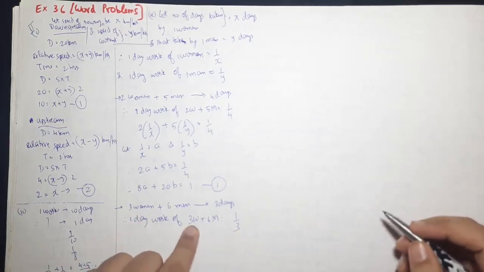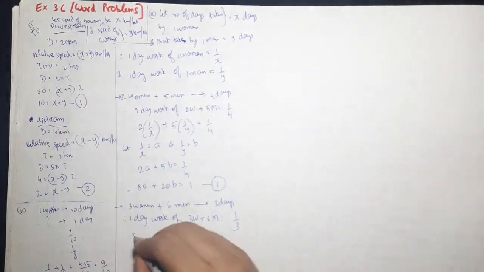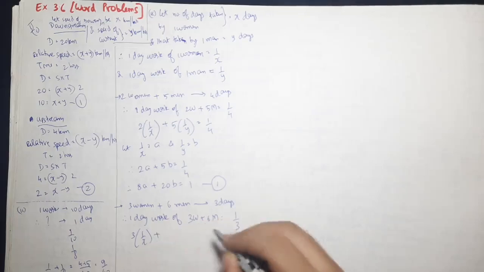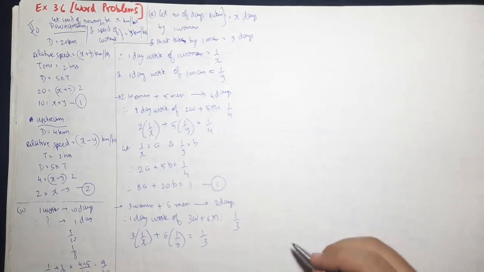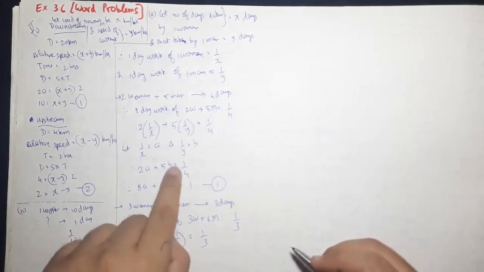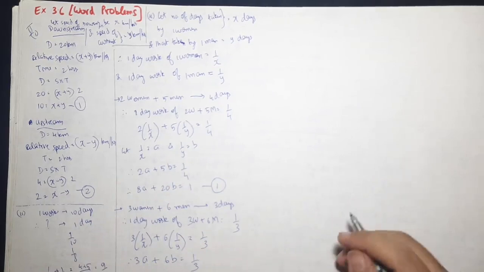Now 3 women, where 1 woman was 1 by x. So 3 into 1 by x plus 6 men, that is 6 into 1 by y, equals 1 by 3. As you can see, 1 by x and 1 by y again. 1 by x was a, 1 by y was b. So 3a plus 6b equals 1 by 3.